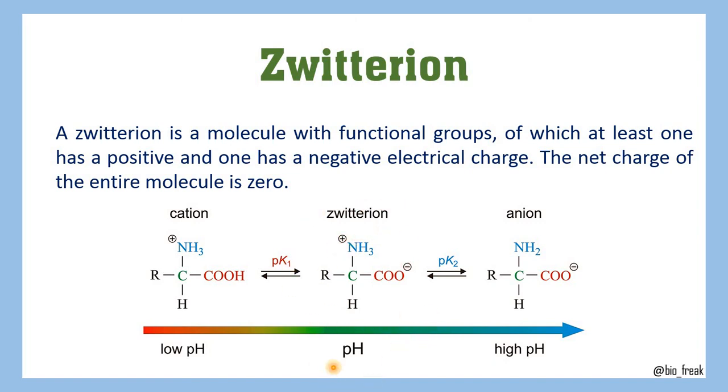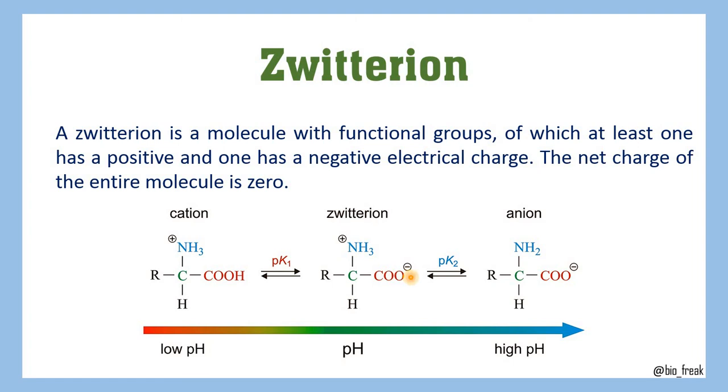In our bodies, 7 to 7.4 is the physiological pH, and your body maintains this pH very precisely, right? Or else it will lead to various disorders. So at this particular pH, the balance is maintained and you will find these zwitter ions. Now what happens is that the proton from here, the COOH, will deprotonate and this NH2 will get protonated.